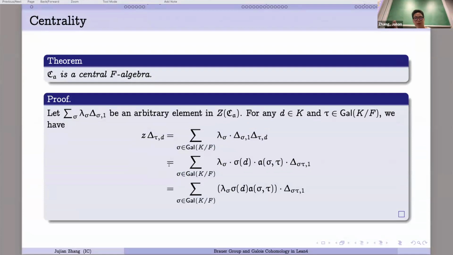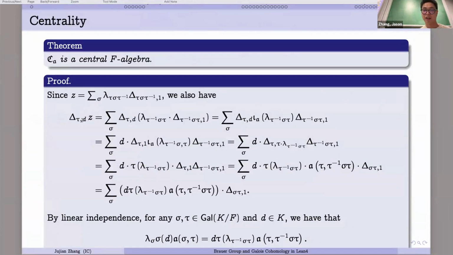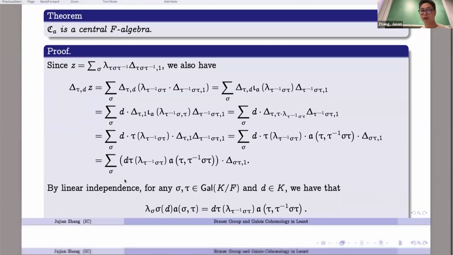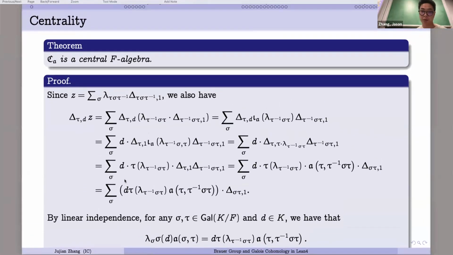So this part is more involved. Why is the cross product a central F algebra? This is because if we have an arbitrary element in the center, and for any d and tau, we can multiply in this arbitrary element by this sequence on the right and get an equation, and on the left and get an equation, and we compare them by linear independence. We see that for every sigma and tau, this equation holds.